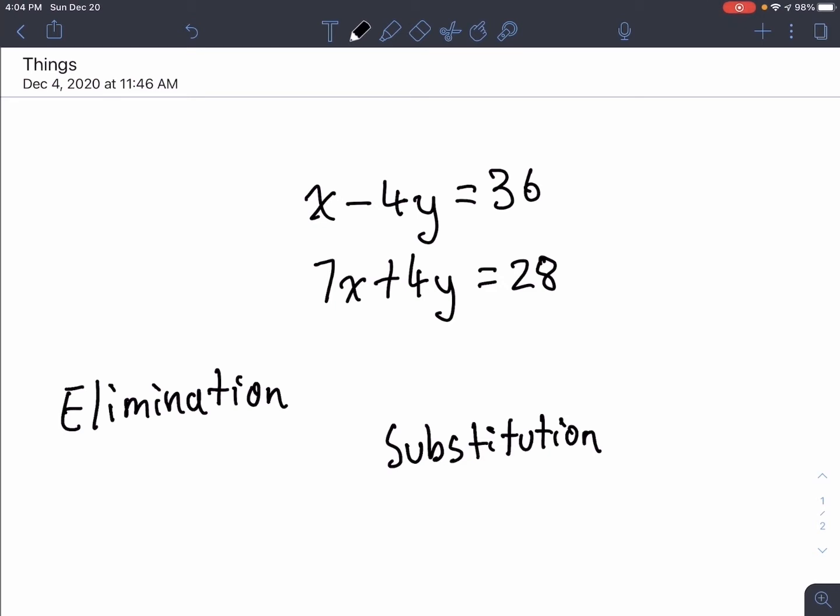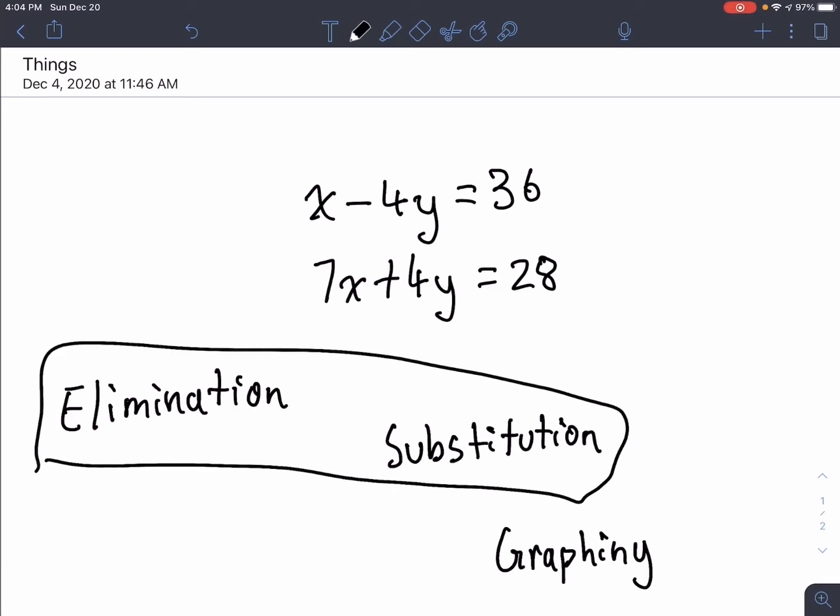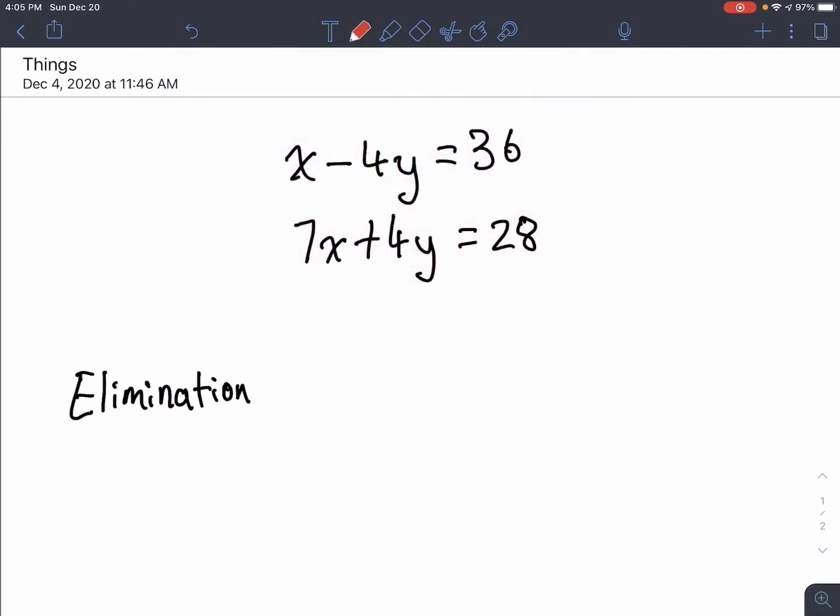There is a third method, graphing, but elimination and substitution are solved algebraically, while graphing, as you can tell by the name, is solved by graphing. So today I will only be going over the problems that are solved algebraically, and I will explain graphing another time. First, we will look at the elimination method.